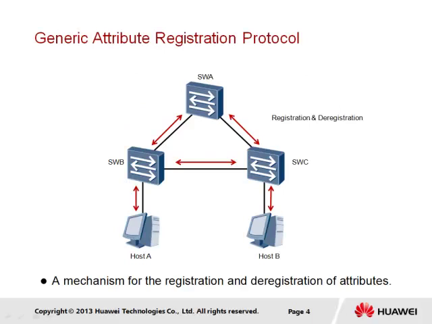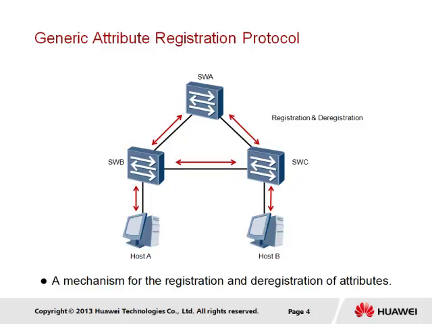GARP is effectively a mechanism that supports the registration, deregistration, and propagation of attributes within a network. We can understand attributes to be certain configuration information associated with an entity, such as a switch in the network, that is to be ingrained through a registration process into other entities.